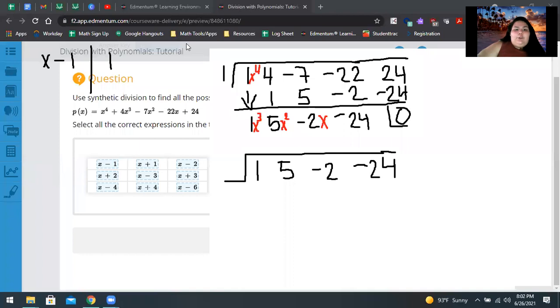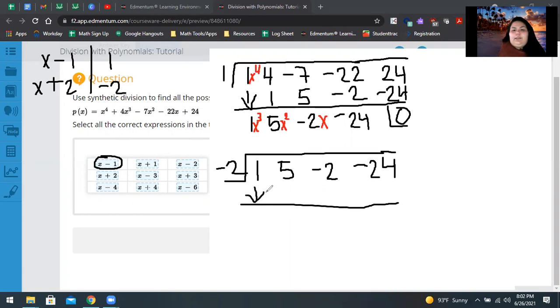So again, you don't want to be using x minus 1 anymore because that already worked. You'll go ahead and move on to the next one. So again, if you take x plus 2, you're going to be plugging in the value -2. So you'll try out -2 here. Do your setup for synthetic division. Don't forget to bring down your 1. And you are going to continue breaking it down.